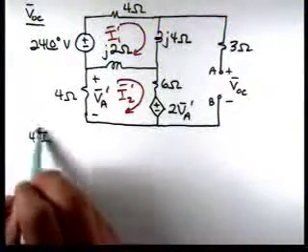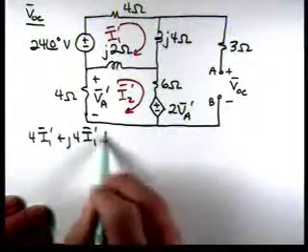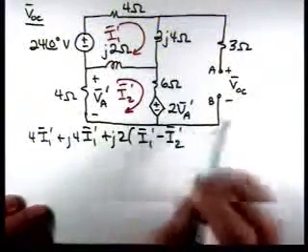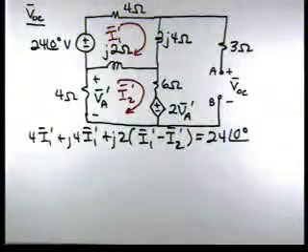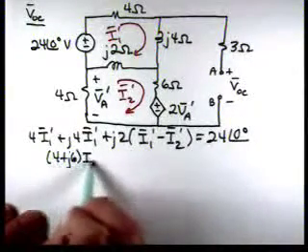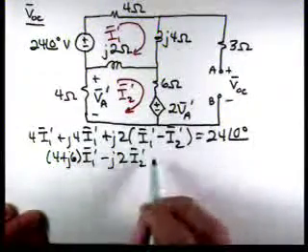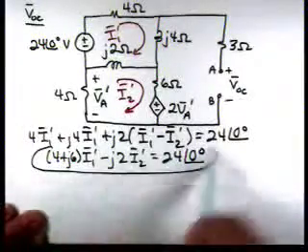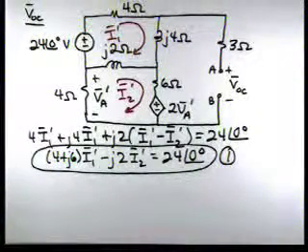We have 4I1 prime plus J4 I1 prime plus J2 times I1 prime minus I2 prime is equal to 24 at an angle of 0. So this becomes 4 plus J6 I1 prime minus J2 I2 prime is equal to 24 at an angle of 0. So here's one of the equations that we're going to need to solve. Since we have two unknowns, I1 prime and I2 prime, we're going to need two equations.